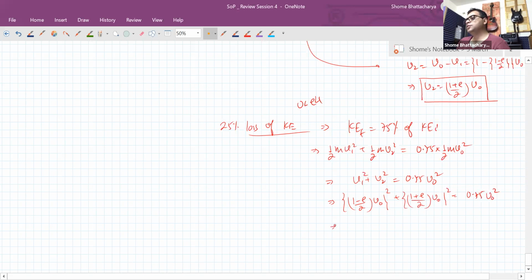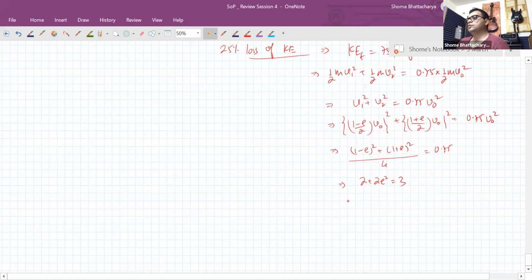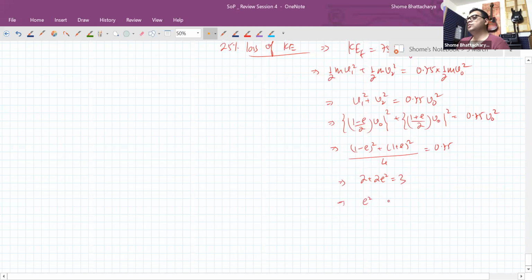So we can see that this will become (1 minus e) whole square plus (1 plus e) whole square divided by 4 is equal to 0.75, or e square will become half, or e is equal to 1 by root 2, or approximately 0.7.